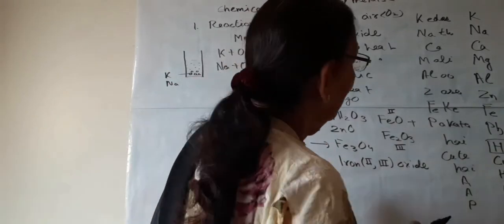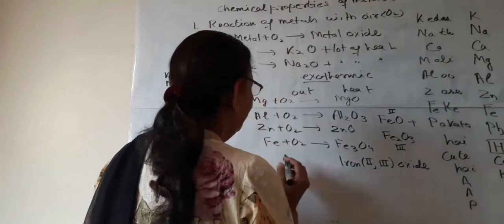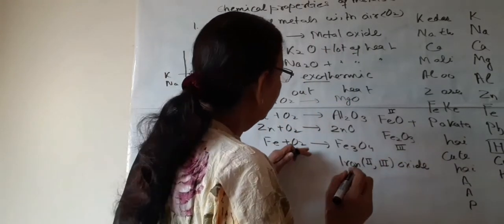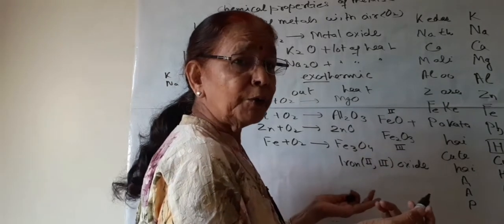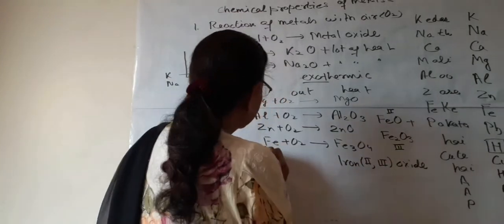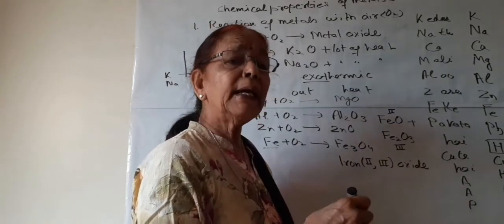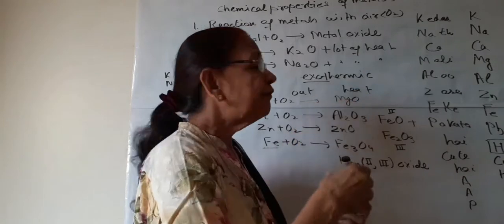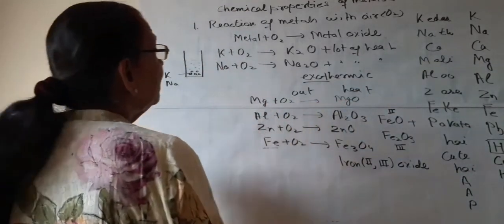Now copper. And iron does not form oxide without burning. Iron pieces do not react with oxygen. If we take iron in its filing form, do you know what filings are?